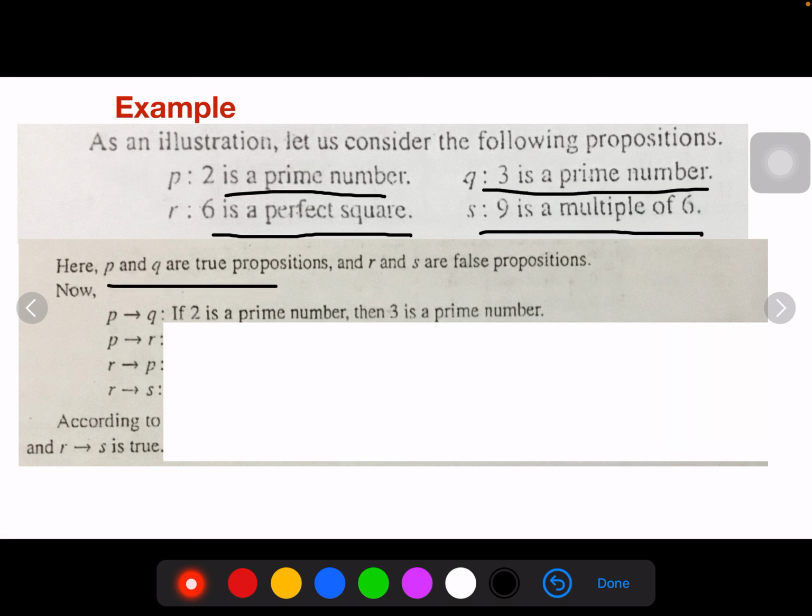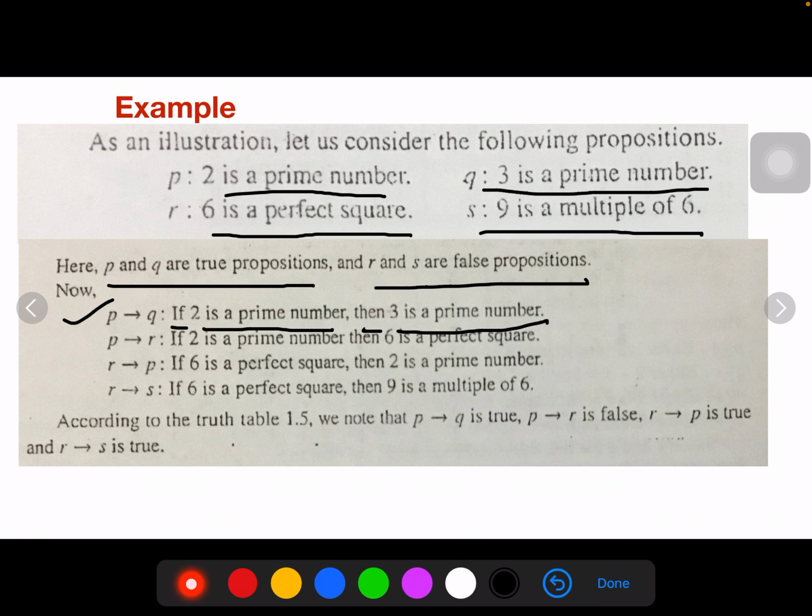P and Q are true propositions, R and S are false propositions here. I will show the first one, how to write. If P, then Q. In a similar way you have to write for all, and also you can look into the values. If this is the condition, then the result becomes 0, otherwise it is true.